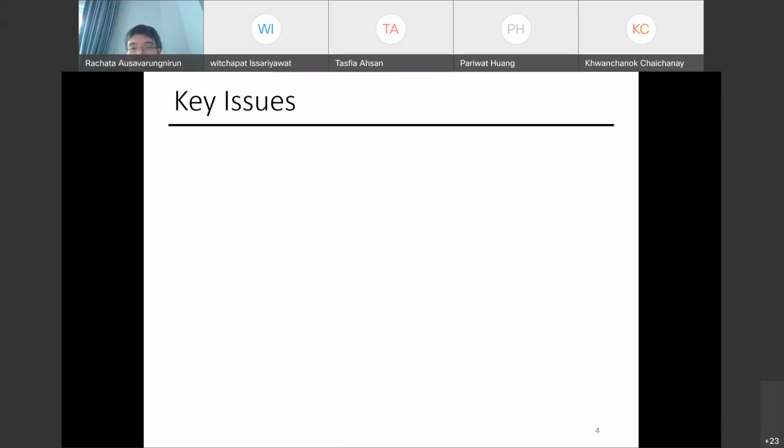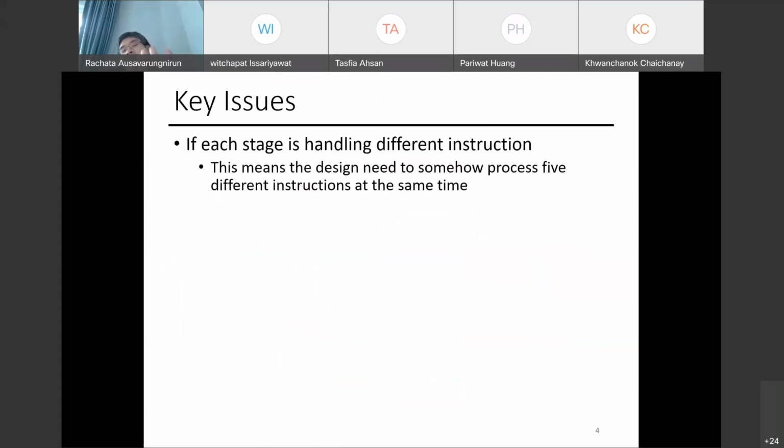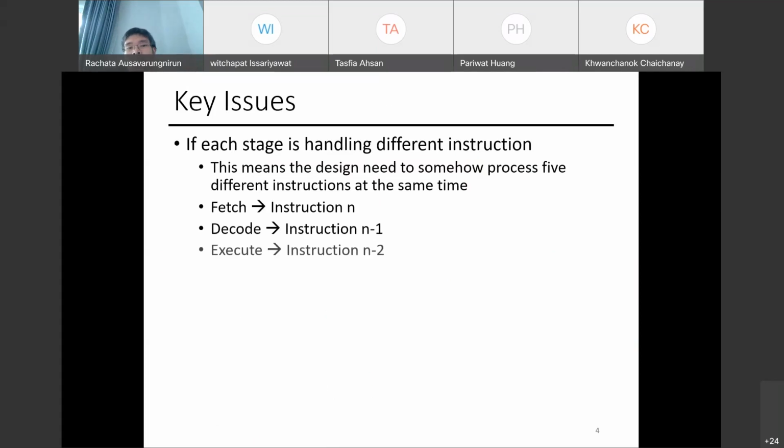The key issue is if each of the stages is handling different instructions, you need to process all of them. Fetch for instruction n, decode instruction n minus 1, execute instruction n minus 2, memory instruction n minus 3. Sorry, write back instruction n minus 4.